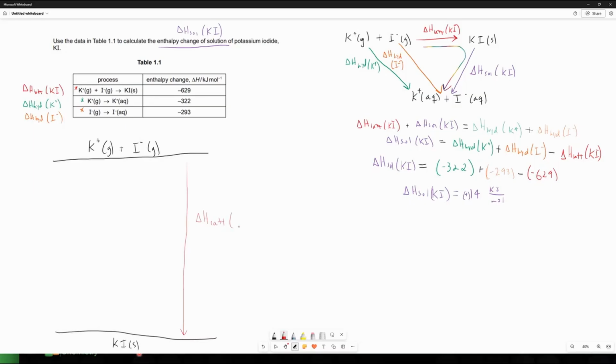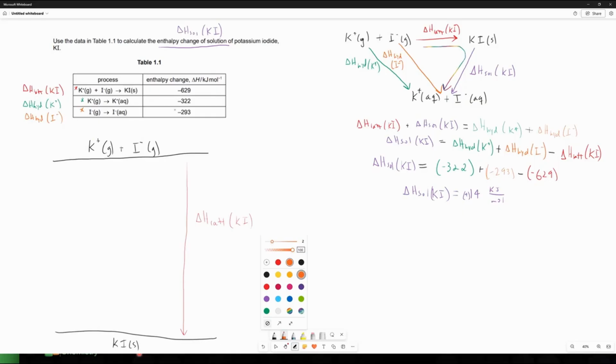So right here, going from the gaseous ions to the potassium iodide solid, that's going to be the delta H lattice of KI. On the other hand, the other things that we're going to have are the lattice, the hydrations, and the solution. Well, if we're starting at the gaseous ions, solution starts from the solid, going to the aqueous ions. So starting here, this cannot be solution because solution does not involve the gaseous ions. So what we're going to have here on the left is going to be our hydrations, both of them.